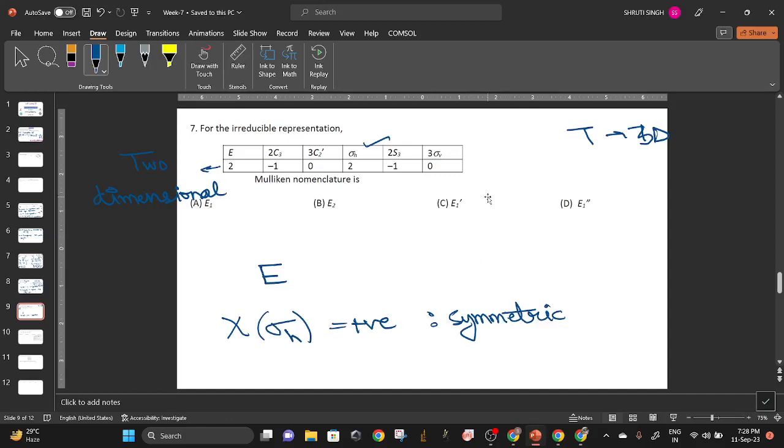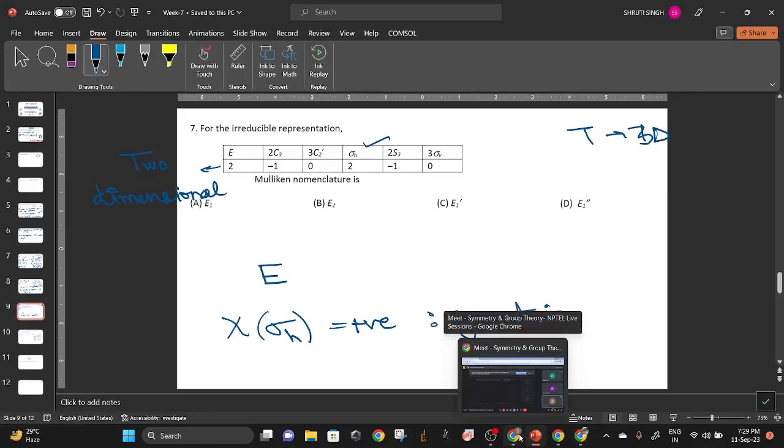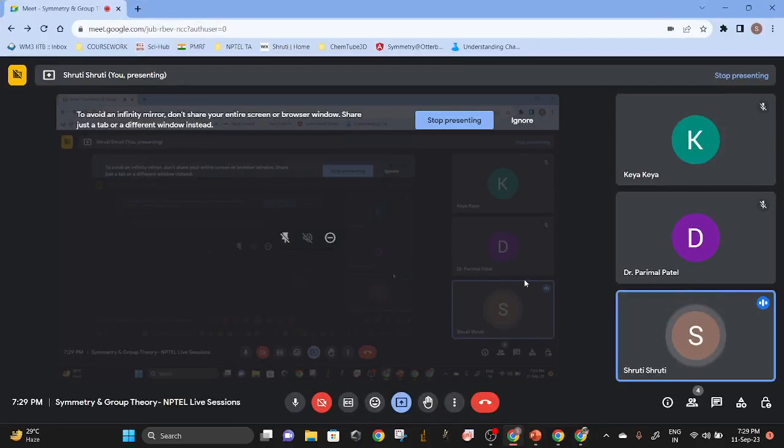Okay, this is wrong, or there it is wrong. C3 it is. Here one is missing, right? What should be the answer for this according to you people?